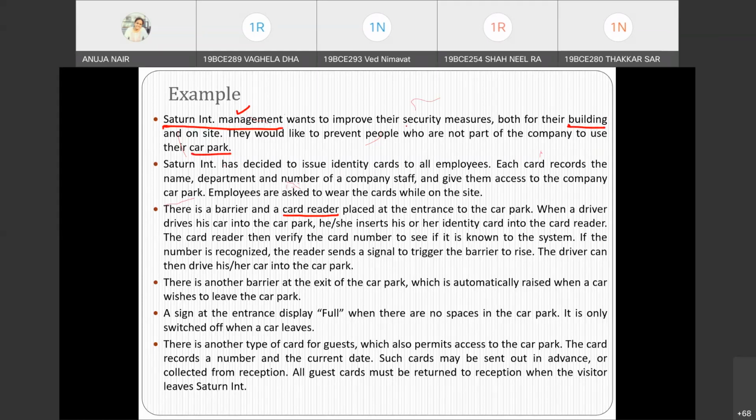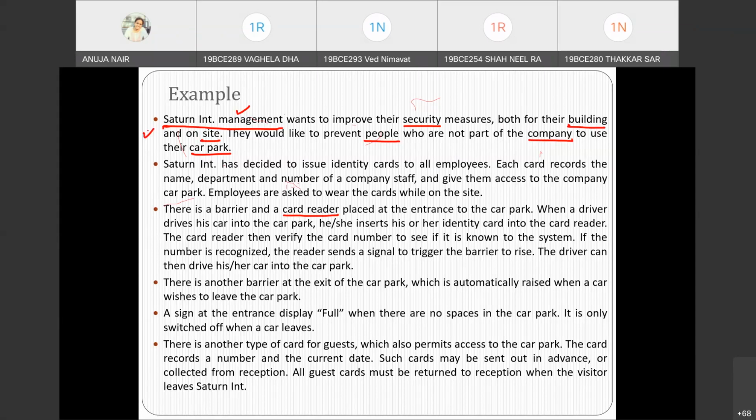Can I say security is analysis class? Can security be analysis class? Right? Can I say site is analysis class? Company, people. Right? So first statement is done.